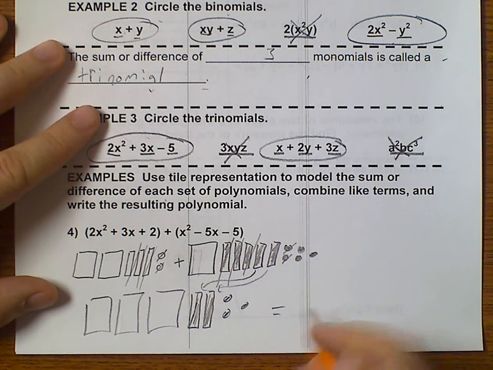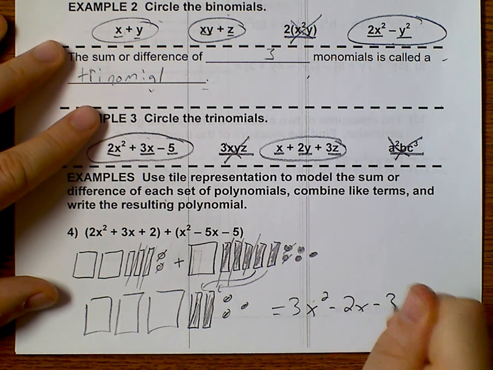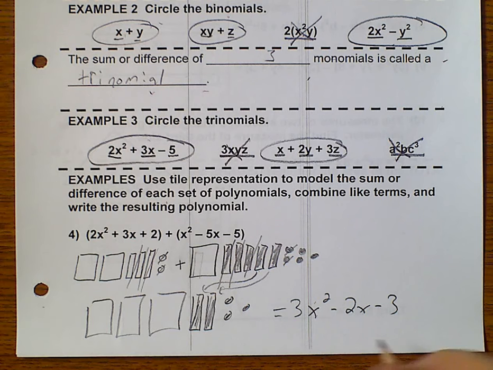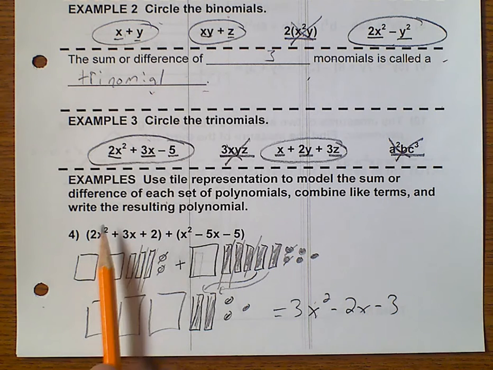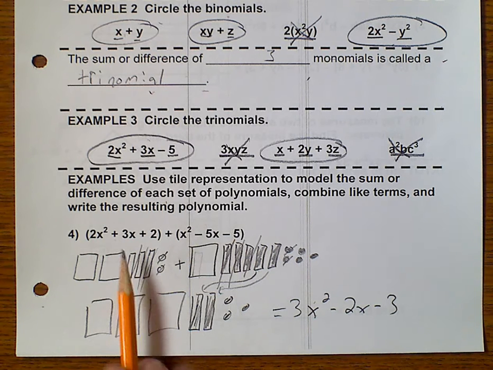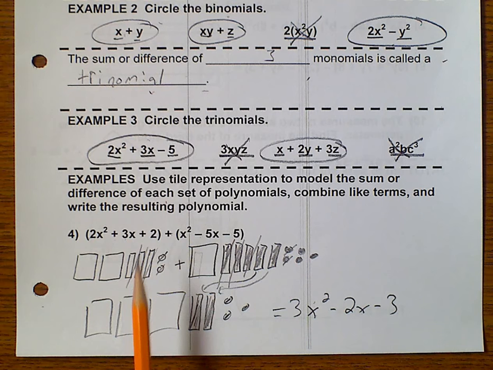And so this would be 3x squared minus 2x minus 3. Now realistically what I did was 2x squared plus x squared gave me 3x squared. 3x plus a negative 5x is a negative 2x. And 2 plus a negative 5 is a negative 3.